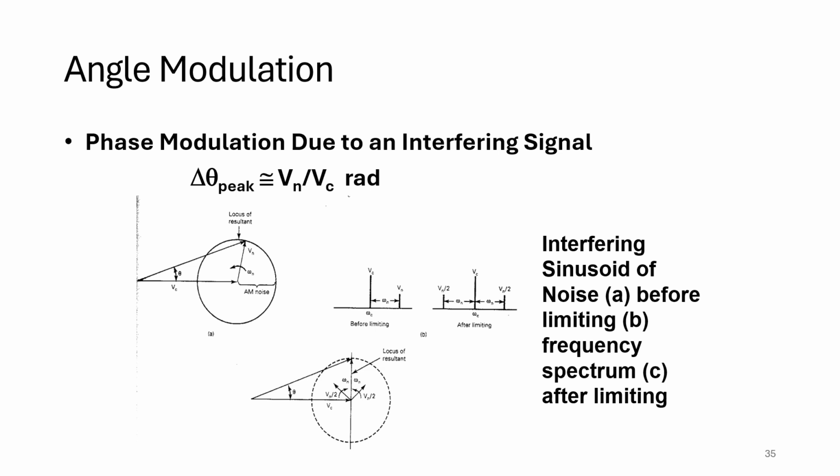So phase modulation due to an interfering signal. So Vn here, noise voltage, is separated from carrier voltage by Fn before limiting. Okay, so for letter B, a spectrum, and letter C shows the effect of limiting the amplitude of a composite FM signal.